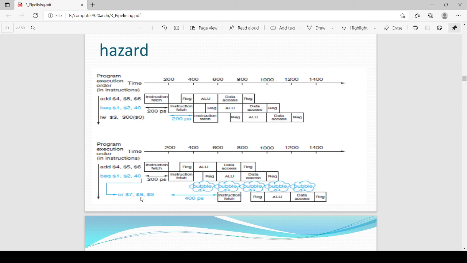That is, the contents of S8 and S9 are ORed and the result is stored in S7. So after the branch instruction, we have to fetch the OR instruction, but here the load word instruction is fetched. This is called a control hazard. In the case of conditional or branching instructions, instead of fetching the correct instruction, the wrong instruction is fetched in the next clock cycle. This is called a control hazard.